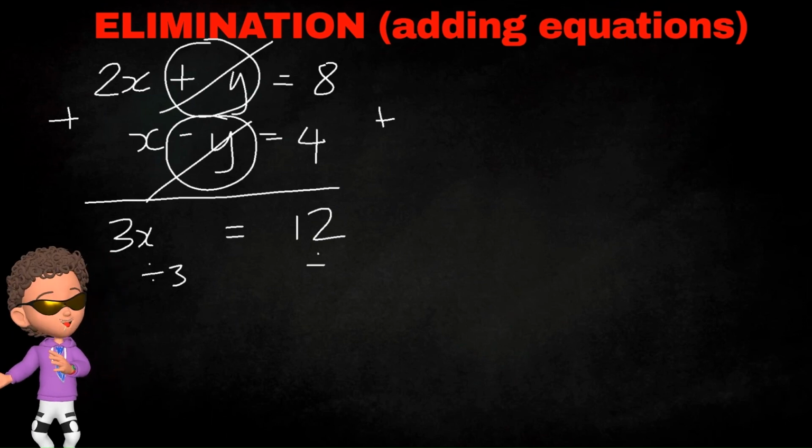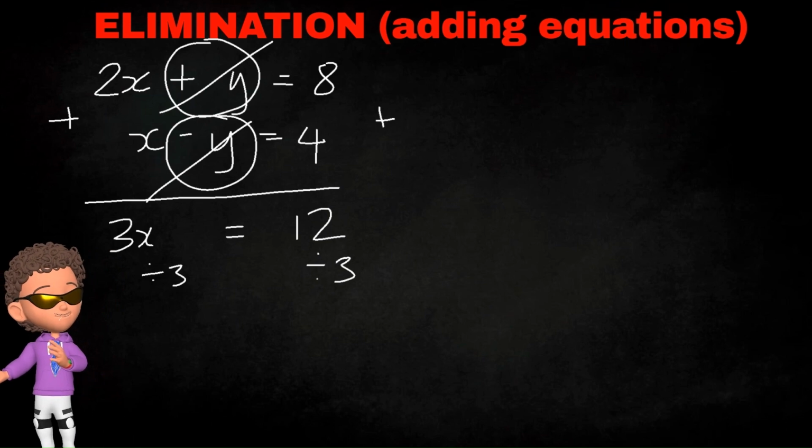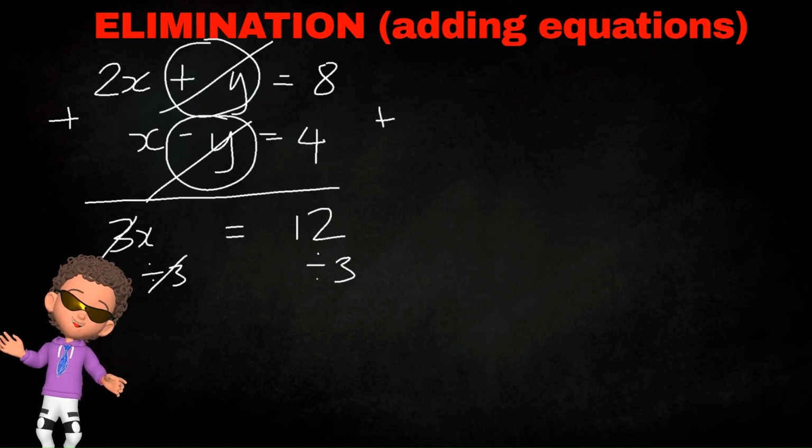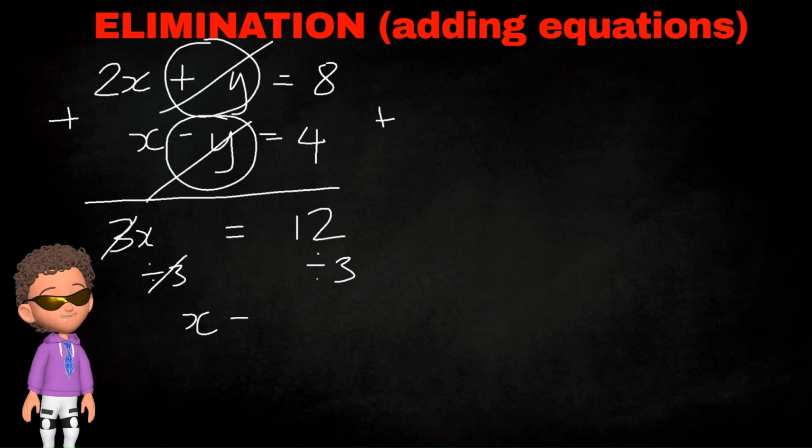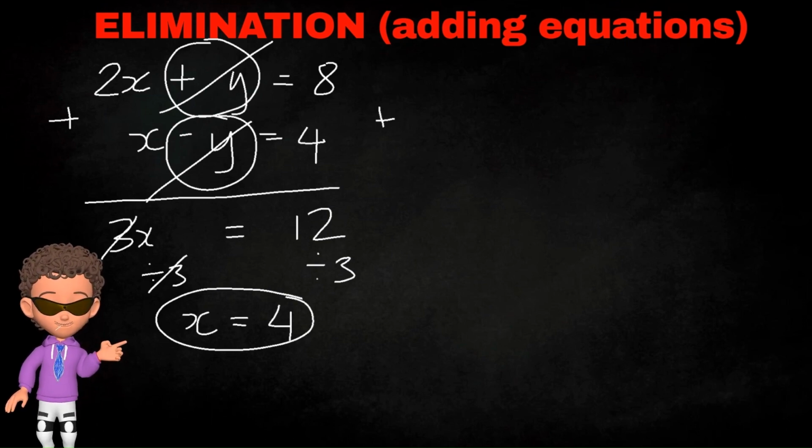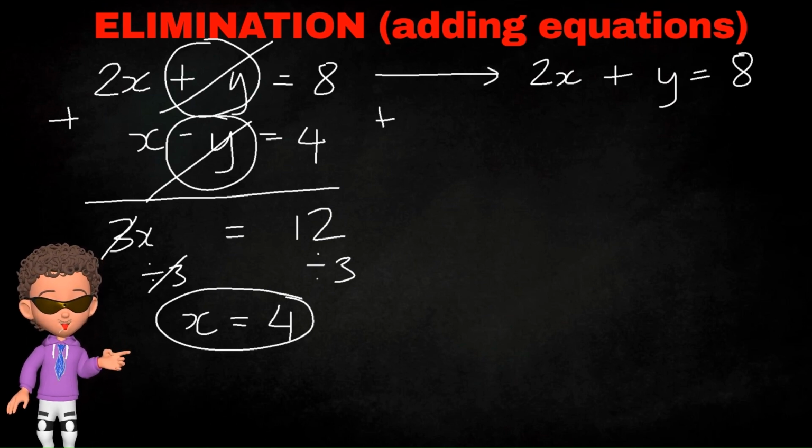Isolate x by dividing both sides by 3. Therefore, x equals to 4. Now, I have the value of x. I can put this value into the original equation, 2x plus y equals 8.